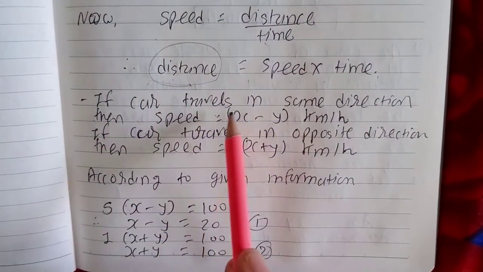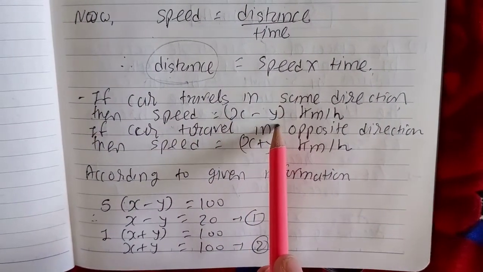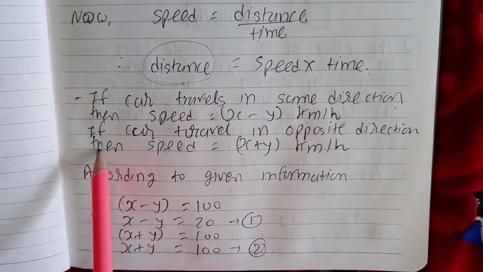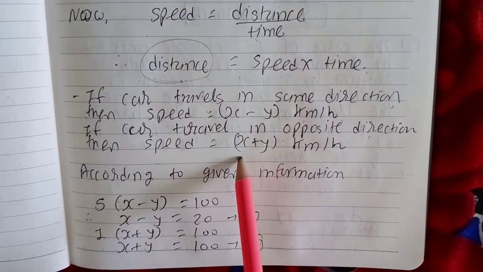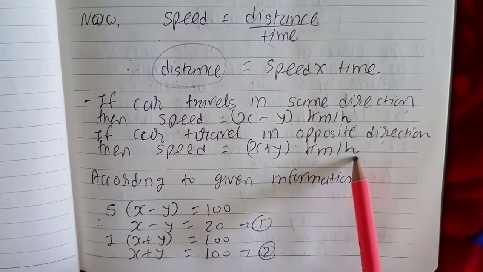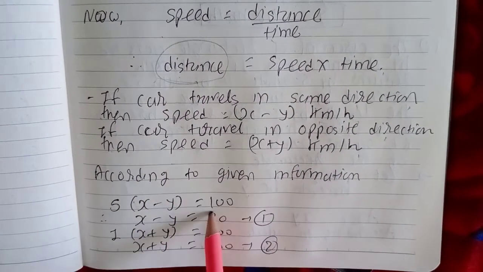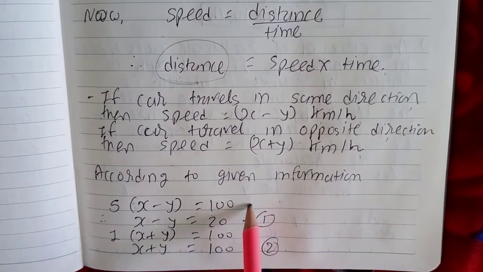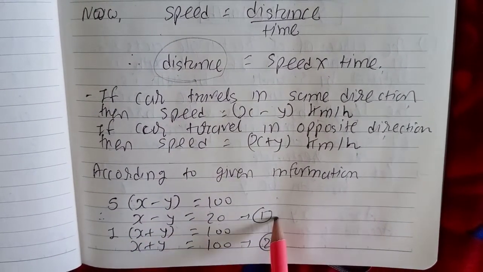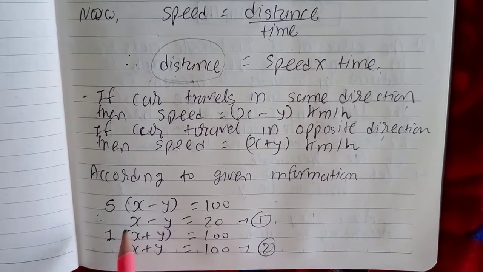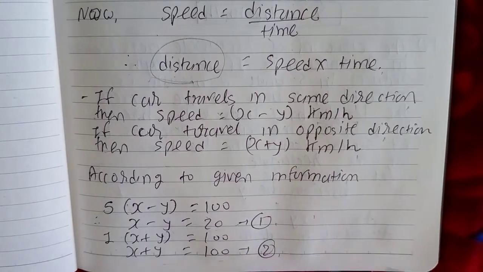If the cars travel in the same direction, the speed will be x minus y kilometer per hour, and if they travel in opposite directions, the speed is x plus y kilometer per hour. According to the information, 5(x minus y) is equal to 100, that means x minus y is equal to 20, equation first, and 1 into (x plus y) is equal to 100, x plus y is equal to 100, equation second.